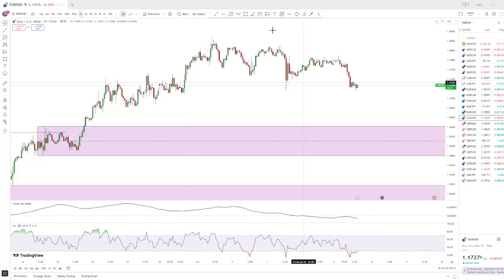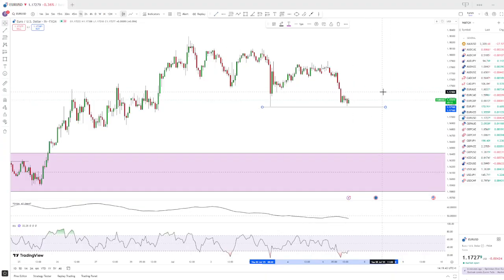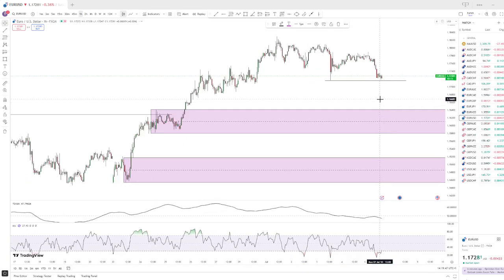But let's still see. We have this low, which is currently where price is still struggling, around there. And again, that's just liquidity sitting right there.